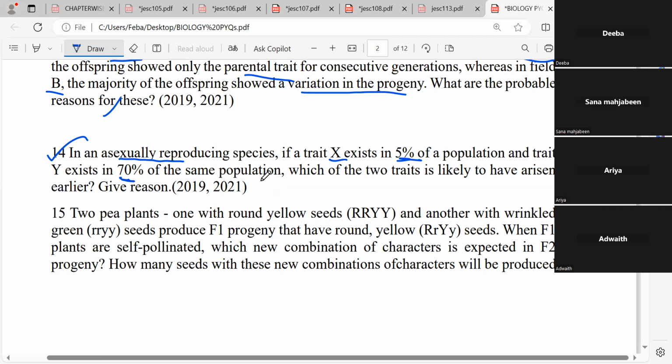Of course, the 70% trait, because it's seen in about 70% of the population. So it was the one which formed earlier, and it is an asexually reproducing species, right? So they are going to transfer the same genes all over again to the next generation. But why is there this 5% change? It might be because of chance events like mutation. Mutation might have caused the slight variations.